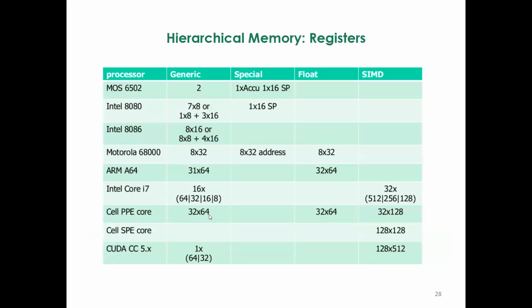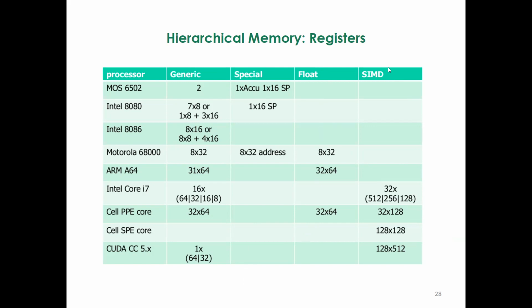All right. So here we have just examples of register memory for modern processors that we find in modern devices like our laptops, our phones, and either classed according to generic registers, special ones, floating point ones, or themed ones.